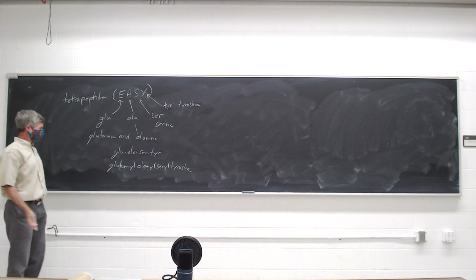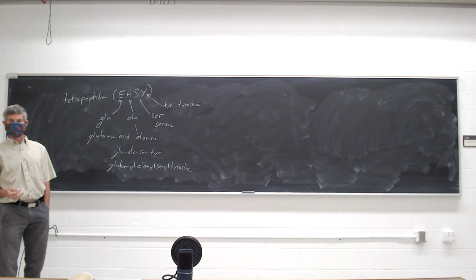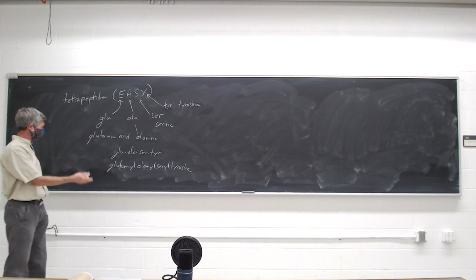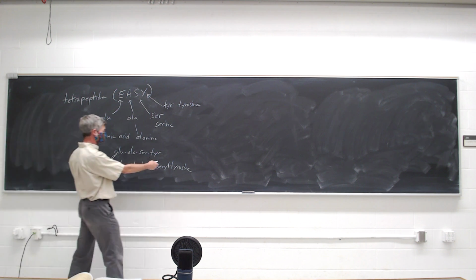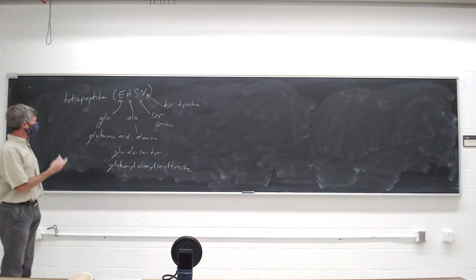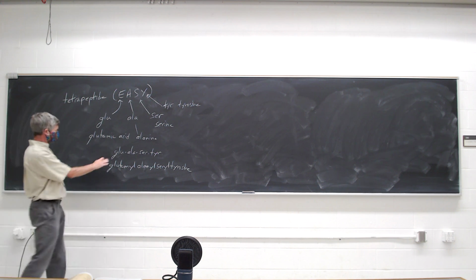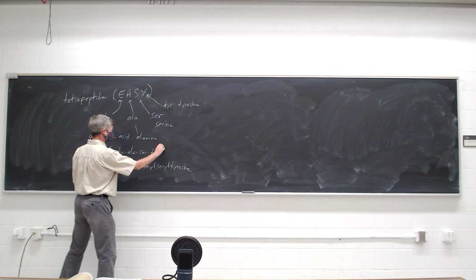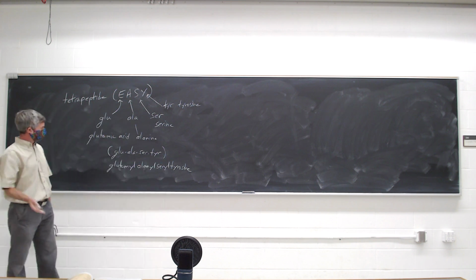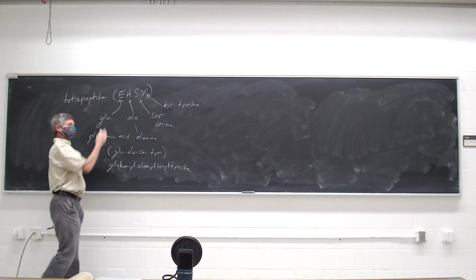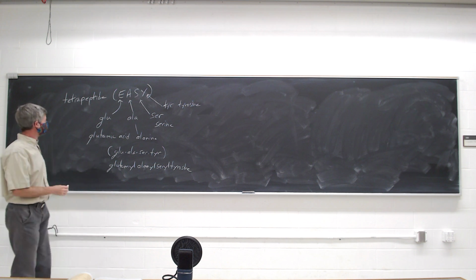Which is annoying, right? We're not usually going to write out the name for a long peptide. For a tetrapeptide, it's okay. But for a long peptide, it's easier to go with the 3-letter codes. And for a really long peptide, that becomes annoying. You want to go with the 1-letter code.